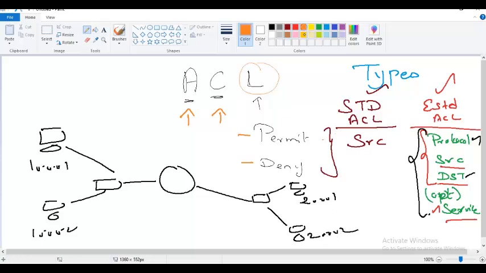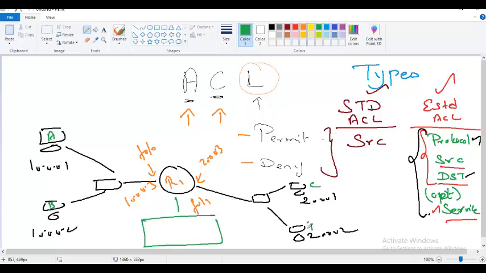And on this interface, you got IP address 10.0.0.3. On this interface, you got IP address 20.0.0.3. Now you see by default, there is no one stopping this A talking to C or D. A can talk to C, A can talk to D, C can talk to B, D can talk to B.